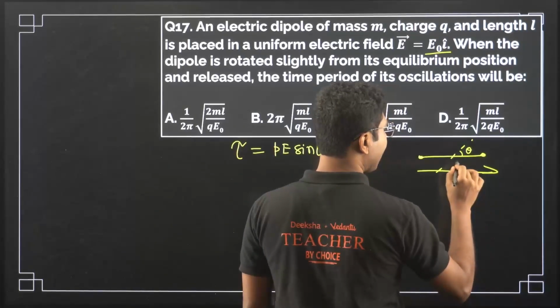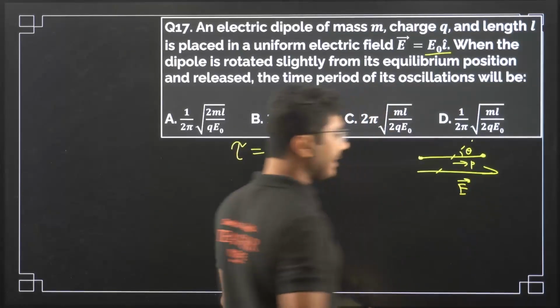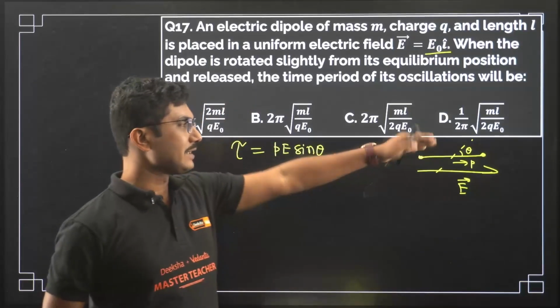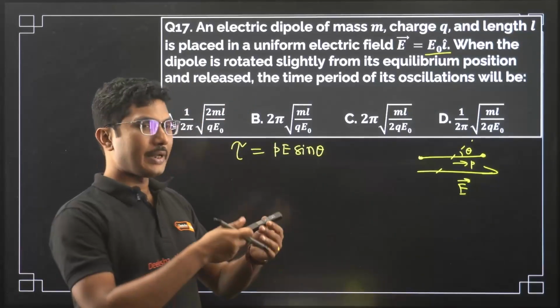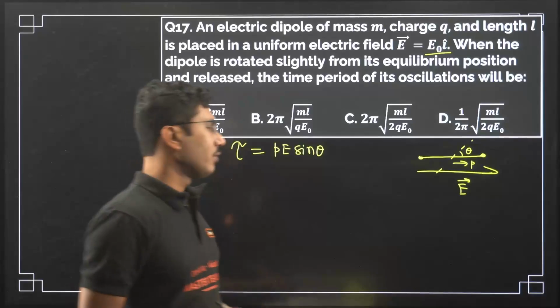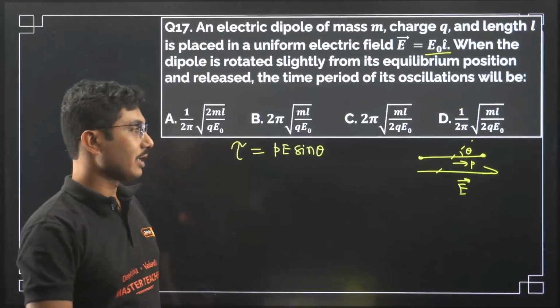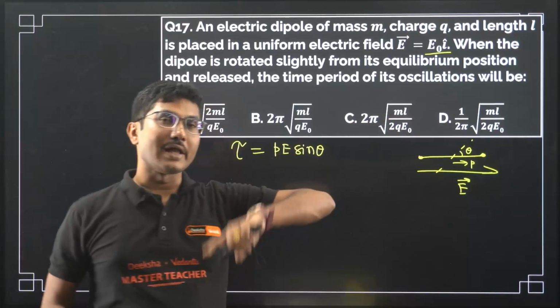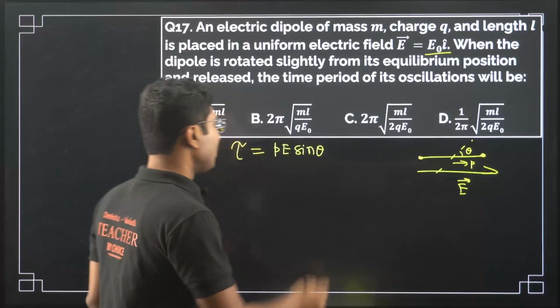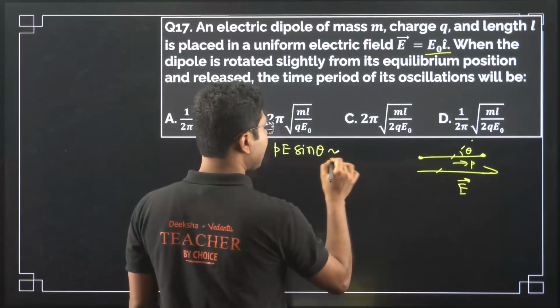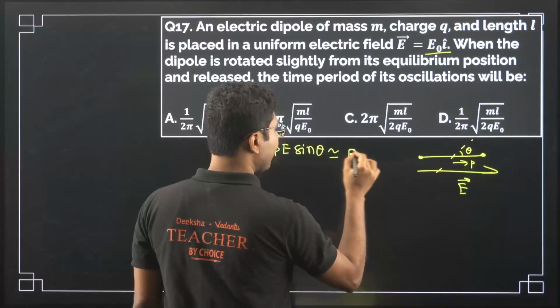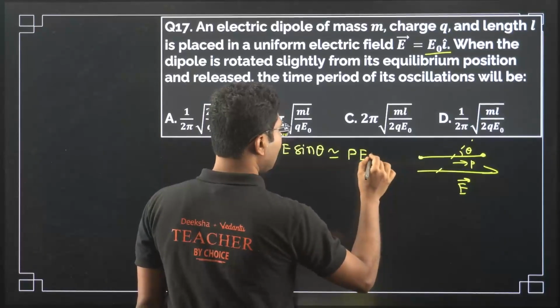Initially electric field and dipole moment are aligned, but if you displace it by a small amount, it will start oscillating. The time period of that oscillation is what you want to calculate, and this is only valid when the displacement is small. So for small displacement, we can write this as PE theta.